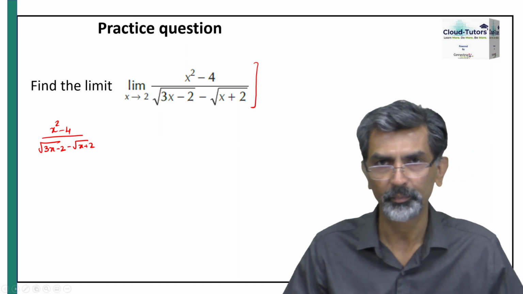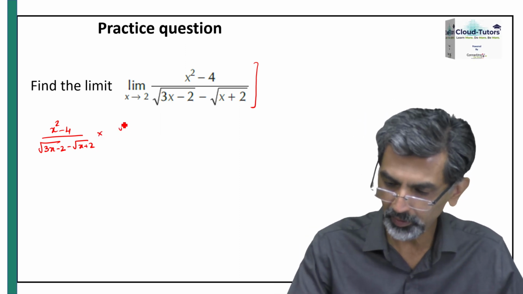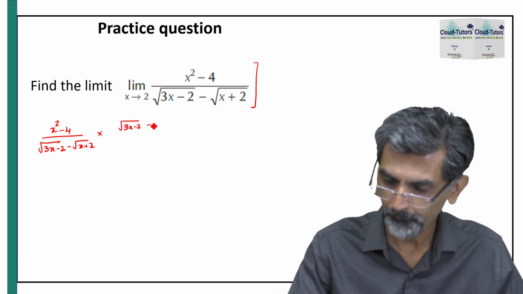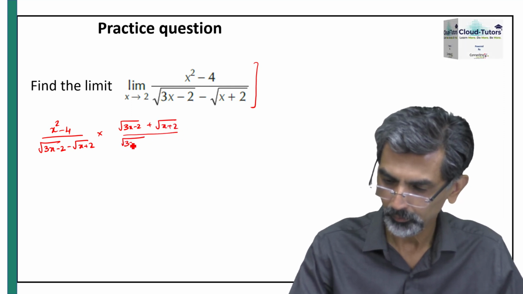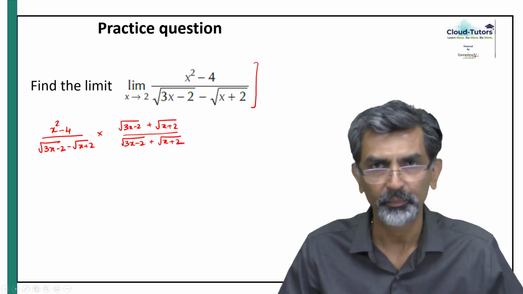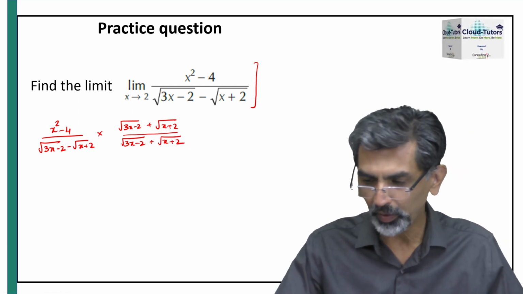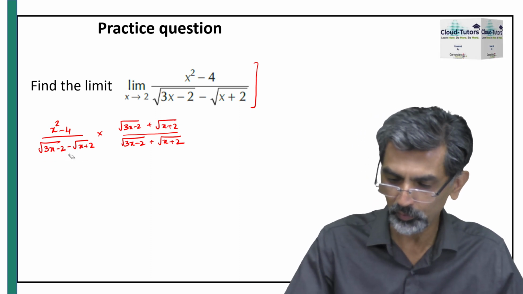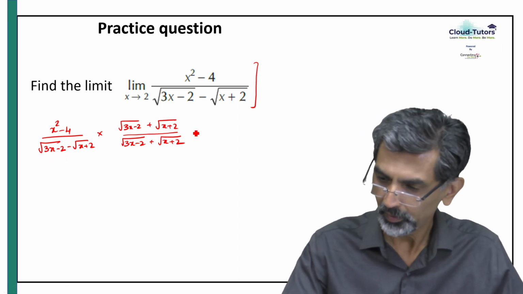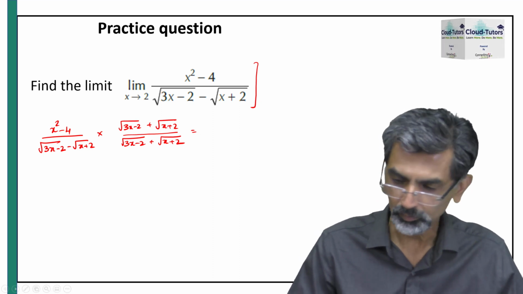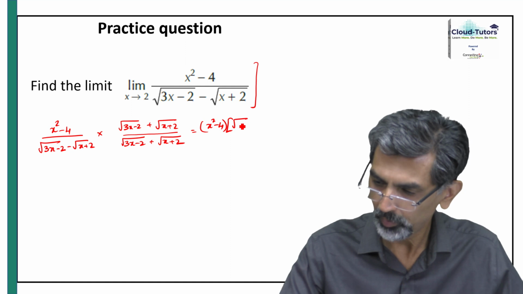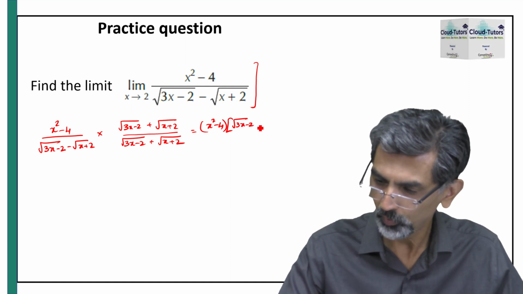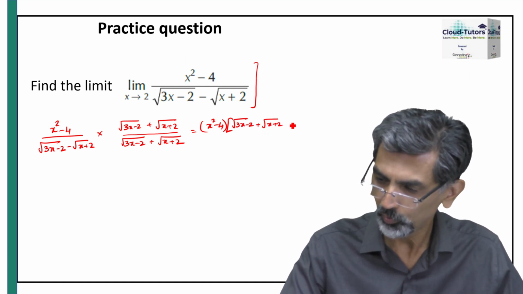This is our expression. So I'm going to multiply it and divide it by the same value, and it happens to be the conjugate of this denominator here, and that becomes equal to (x square minus 4) multiplied by (square root of 3x minus 2 plus square root of x plus 2).